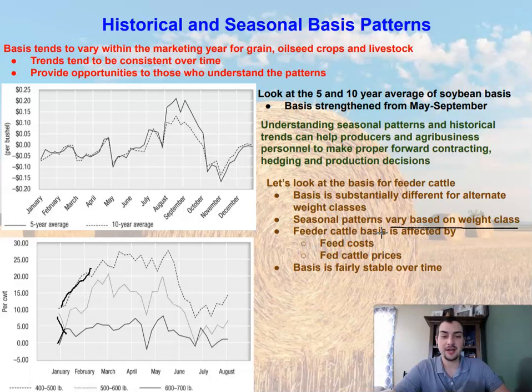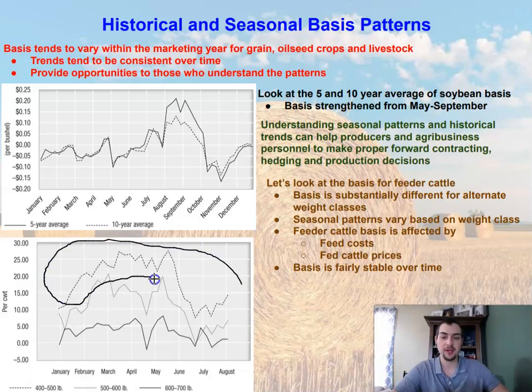The feeder cattle basis is affected by things like feed costs and fed cattle prices. So no wonder there is a larger discrepancy for the lighter weight calves than we get down here. If we were to run a running average across these, we would see that this one goes up, peaks, and then falls back down.